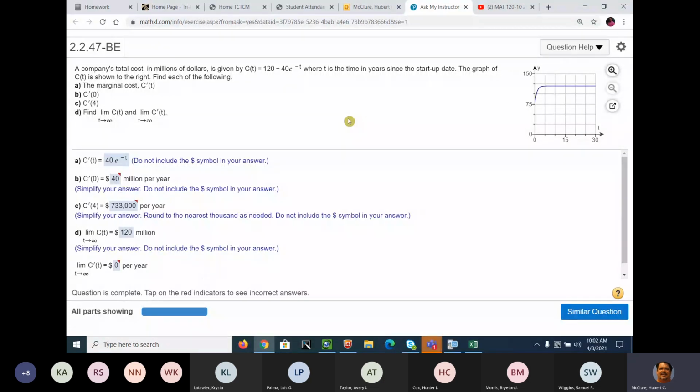C of t is equal to 120 minus 40 e to the negative t, where t is time, of course, and C of t is cost. So cost is equal to 120 minus 40 e to the negative years.